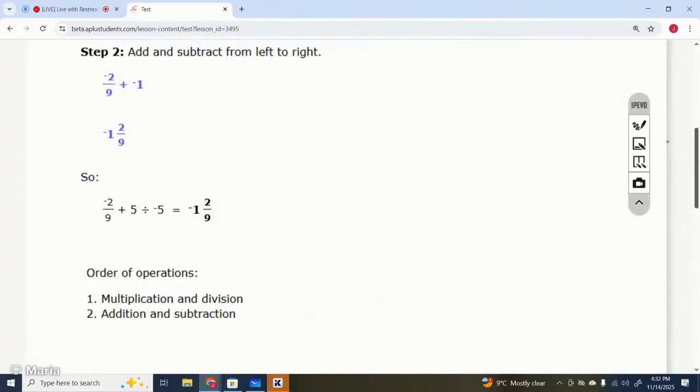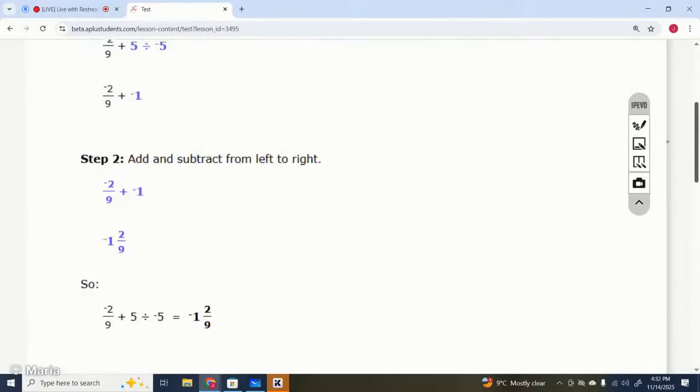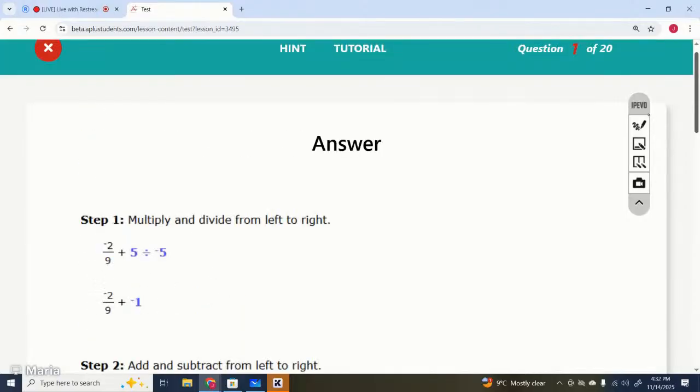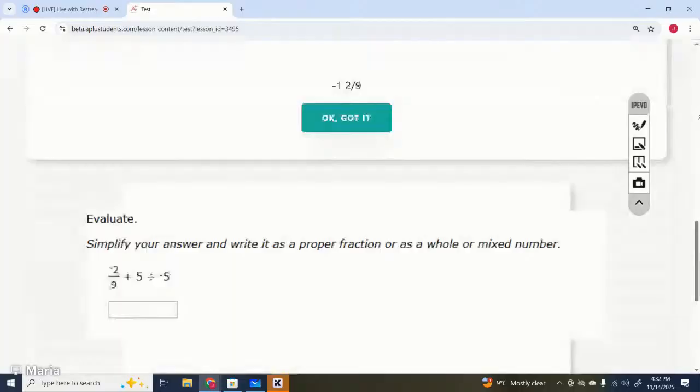Or negative 1 whole 2 by 9 it is. Let's just start with the next one.